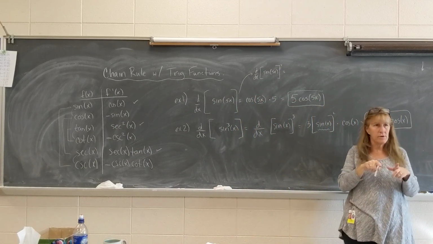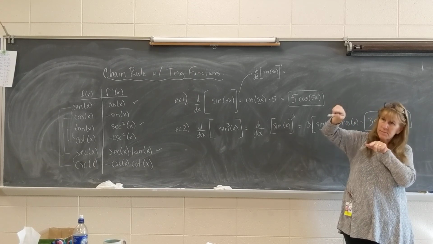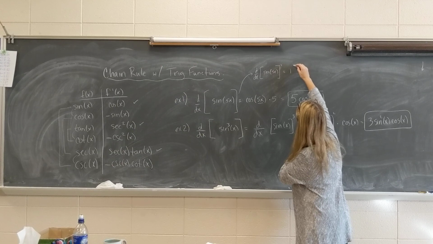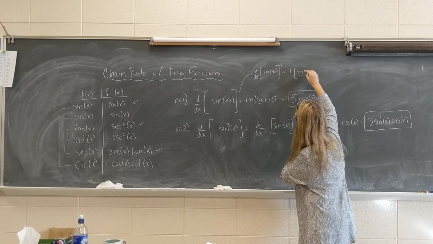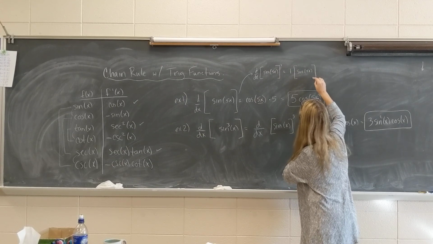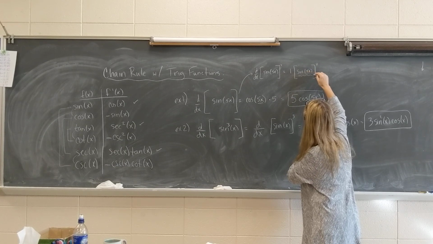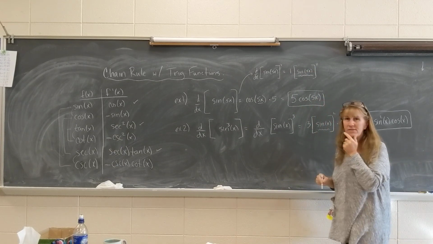Now if I did the power rule with that 1, wouldn't the 1 come down to the outside, right? And I'd end up with 1, and then I'd still have this thing here, sine of 5x to the what? To the 0. And then I'd have to chase with the derivative of what I have inside.